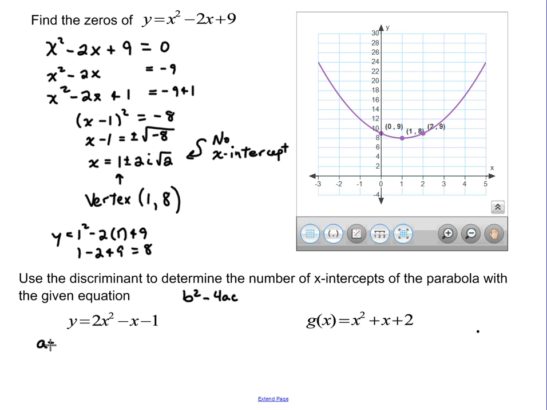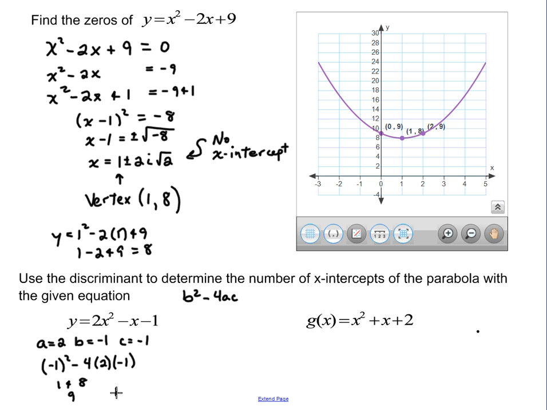Well, a is equal to 2, b is equal to negative 1, and c is equal to negative 1, so substitution into our discriminant is going to give us negative 1 squared minus 4 times 2 times negative 1, which is the same as saying 1 plus 8, or 9.